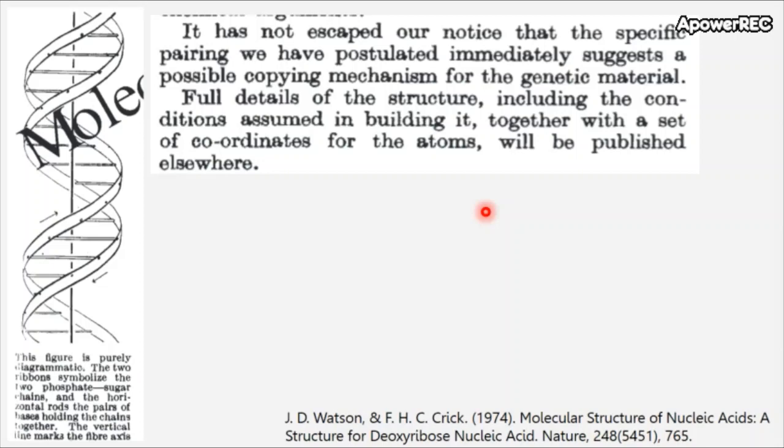Full details of the structure, including the conditions assumed in building it, together with a set of coordinates for the atoms, will be published elsewhere." So because from one DNA strand you can predict what the other strand will look like, because again, it's anti-parallel and A's always must bind to T, they assumed that you can write another strand based on the first strand, and therefore they're saying that they can postulate a possible copying mechanism for the genetic material.